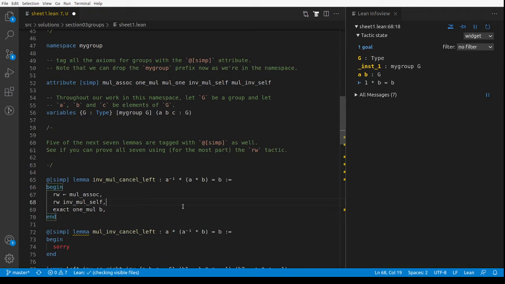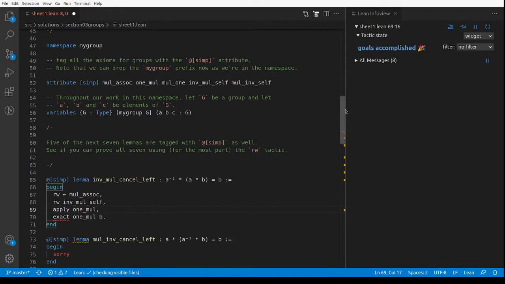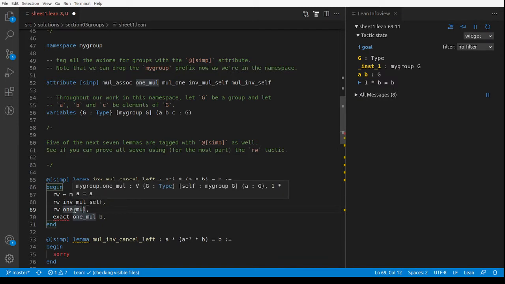Or, I mean, if you don't want to do exact one_mul B, another way, you could apply one_mul, because that would also work. This is a little bit shorter as well. We could probably also rewrite one_mul there, because one_mul is an equality, it says 1 times A is A for all A. So when we rewrite one_mul, the goal becomes B equals B, and rewrite tries rfl at the end of it.